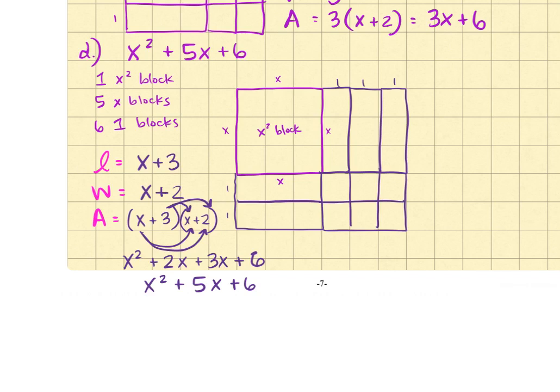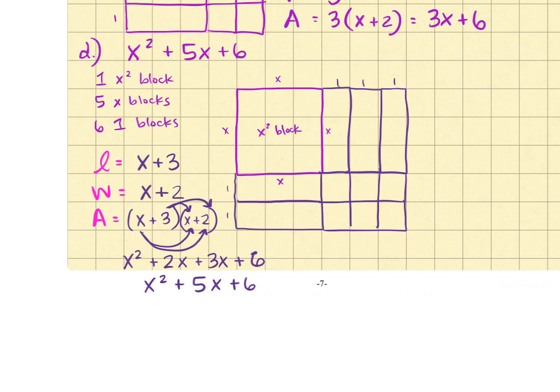So if you look over to what we drew here, we talked about how we can put that x squared block in the corner. And one way we could do it would be 3 x blocks to the side and 2 down below, or that could be flip-flopped. So you see we have the 1, 2, 3, 4, 5 x blocks, and then the 6 1 blocks that fit in there.